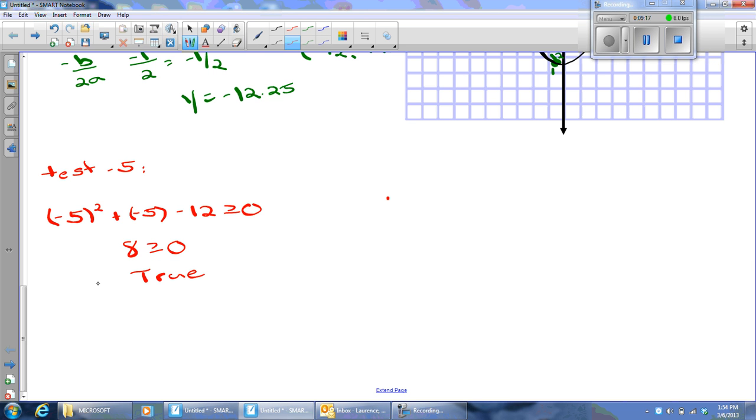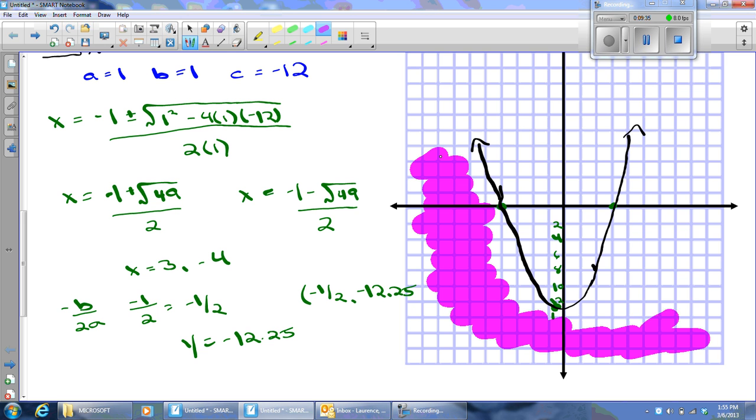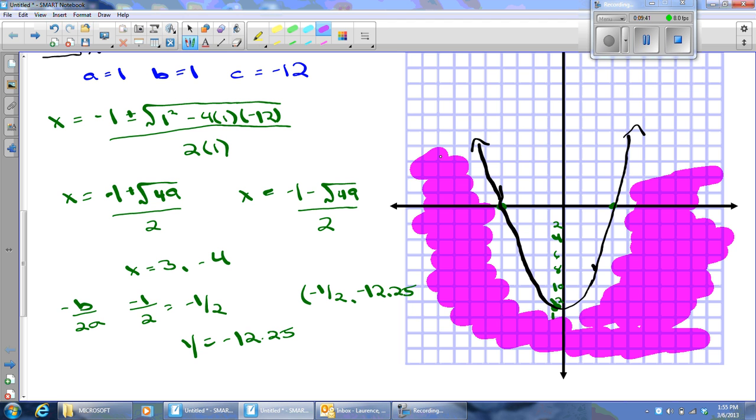So we're going to shade the outside of the parabola again. We're going to shade all of this. You know, the shading would go on forever since it's all of the outside of the parabola.